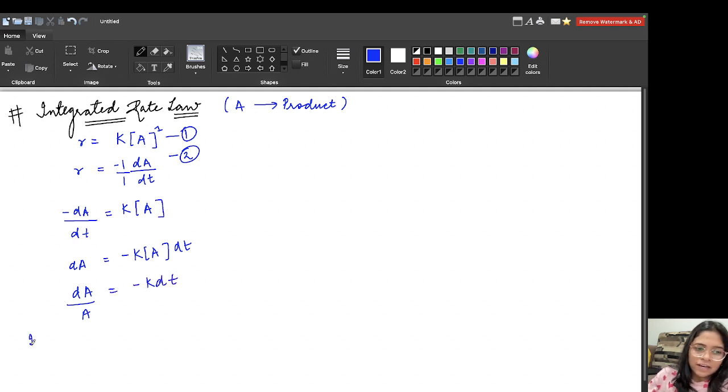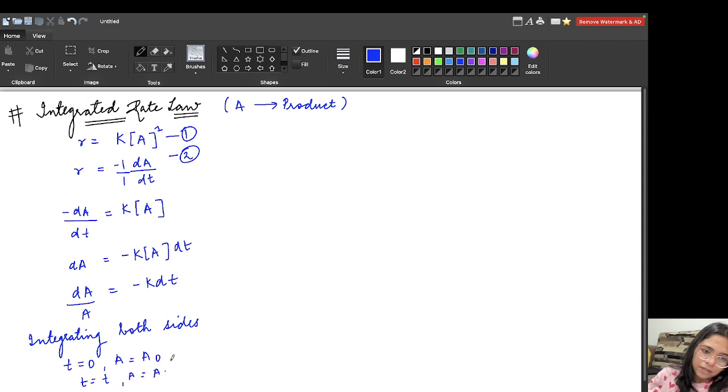Now what do we do? We integrate on both ends, integrating both sides. When t is equal to 0, [A] will be equal to [A]0, and when t equals t, [A] will be equal to [A]. This is the initial concentration and this is the remaining.